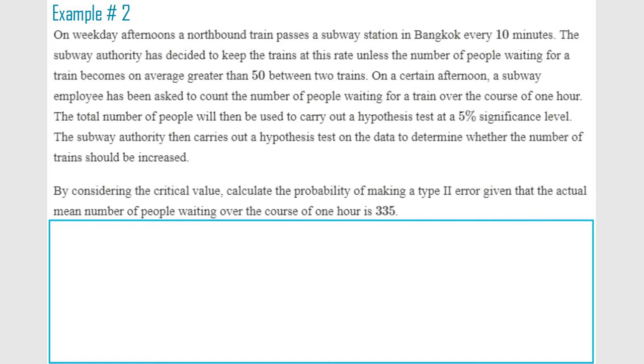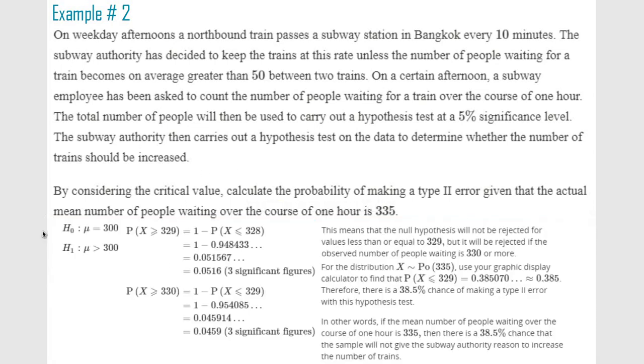All right, let's do another example. So going back to the train problem, considering the critical value, what's the probability of making a type 2 error? You want to remember your null and alternative hypothesis, right? We cared if it was more than 300 because then we would have to adjust the train schedule.